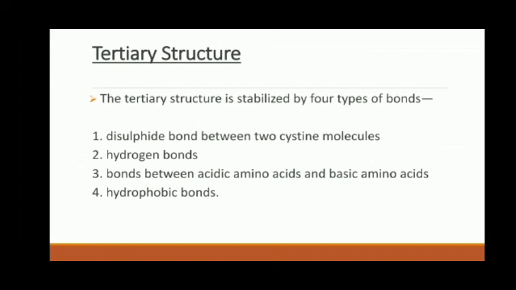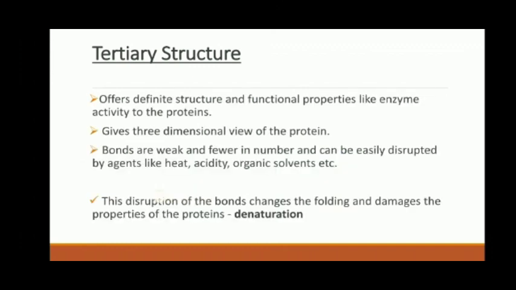Then hydrophobic bonds. So in primary structure, only the peptide bond is involved. In secondary structure, peptide bonds and hydrogen bonds are involved. In the tertiary structure, 4 types of bonds are present: the disulfide bond between cysteine molecules, hydrogen bonds, hydrophobic bonds, and bonds between acidic and basic amino acids.